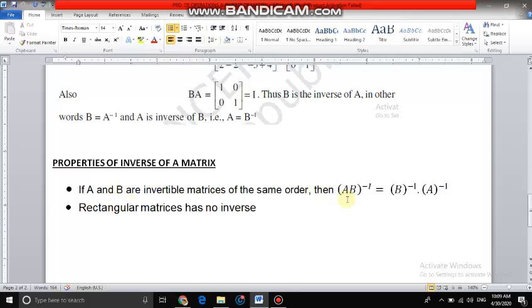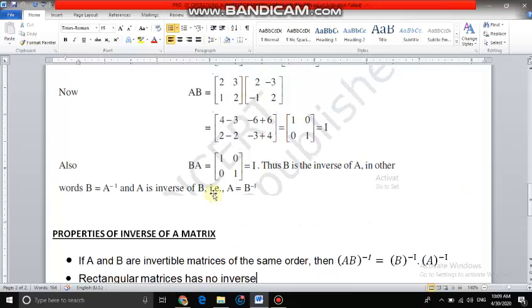Then also this property holds. (AB) whole inverse, that is, first you multiply A and B matrix. Okay. Then find its inverse. It will be the same as first finding B inverse, then finding A inverse, then you multiply both. So both the answers will remain the same. So this is the property.